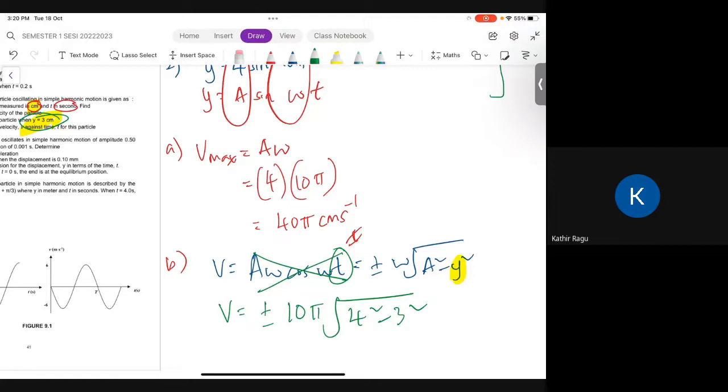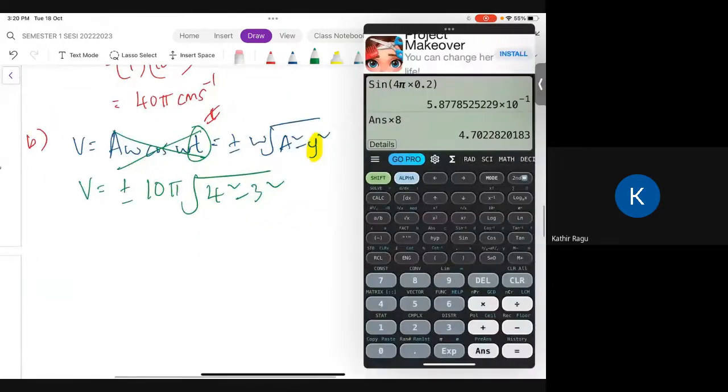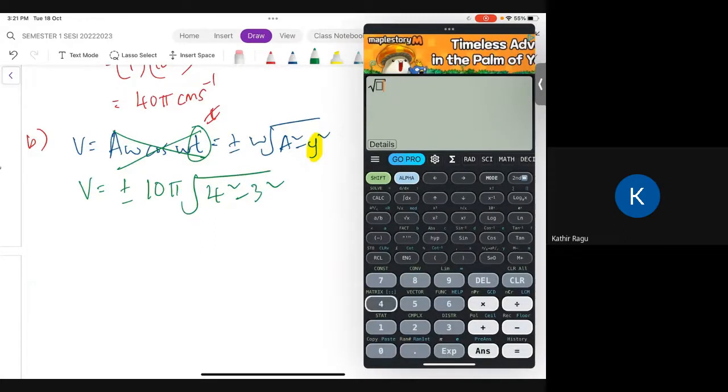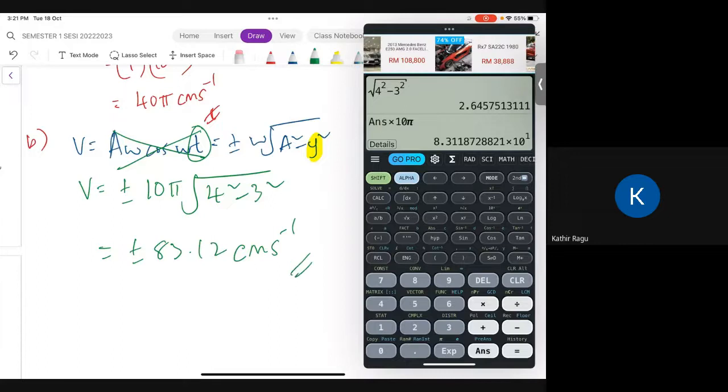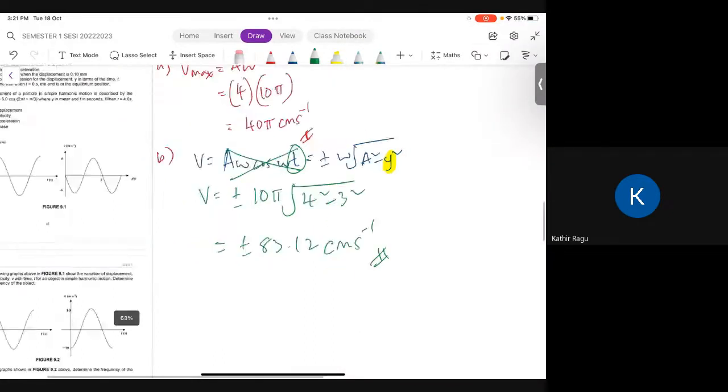So everything semua ni saya tak tukar. Biar saya buat je dalam unit cm. So dalam kes ni square root 4 squared minus 3 squared. So I get this answer times 10 pi. So my answer is 83.12. Unit adalah cm as negative 1. So biar jawapan awak dalam cm lah kalau you tak tukarkan dia.